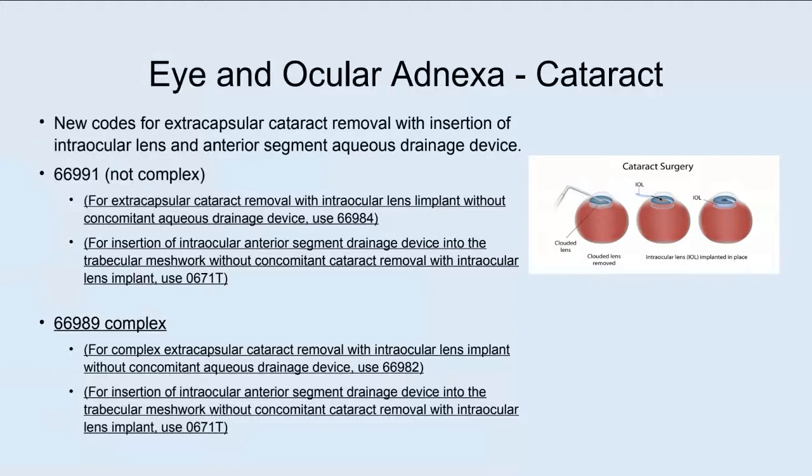There's 66991, 66989. So 66991 is the routine cataract removal and insertion of drainage device, the usual methodology. 66989 is when it's complex. So different codes, and you'd have to depend on the physician to tell you whether it's complex or not, but they both refer you to this category 3 code.